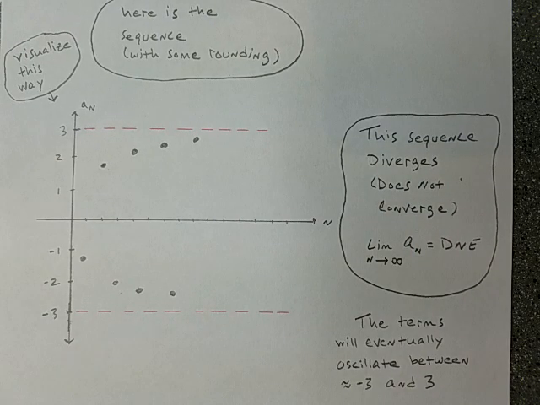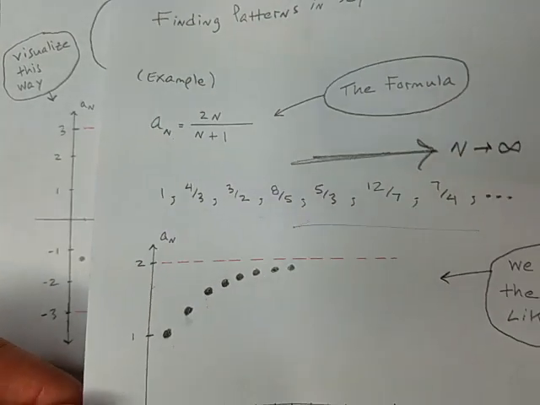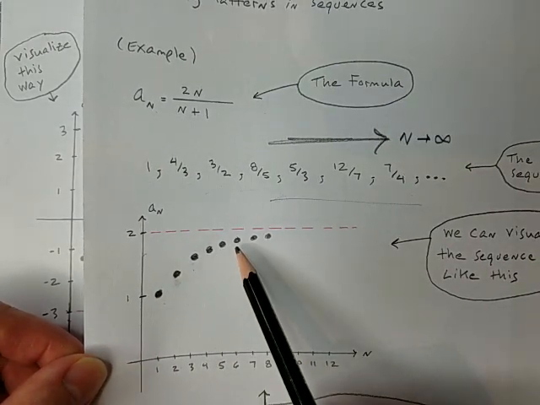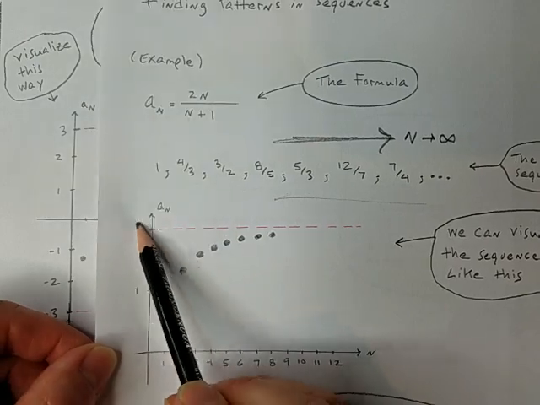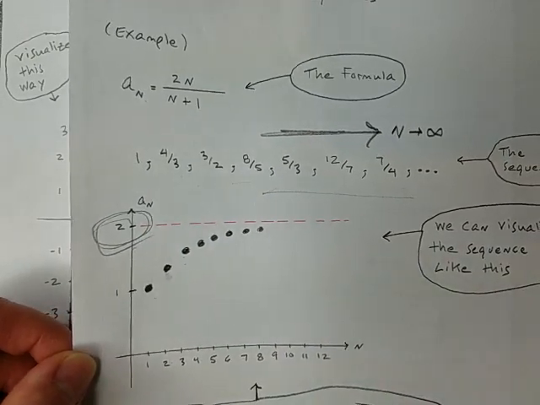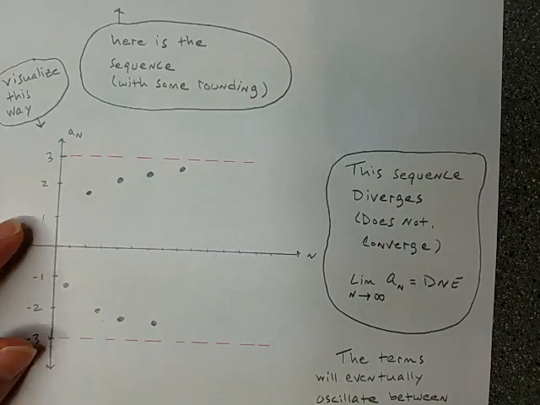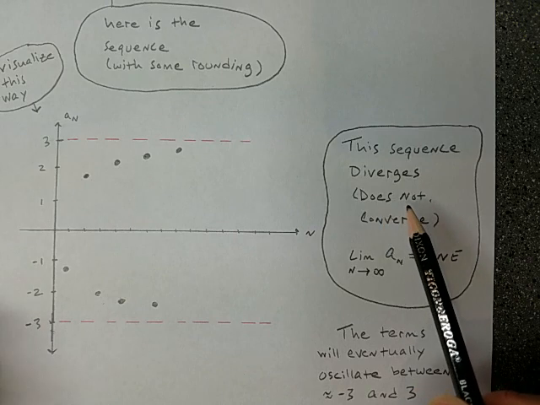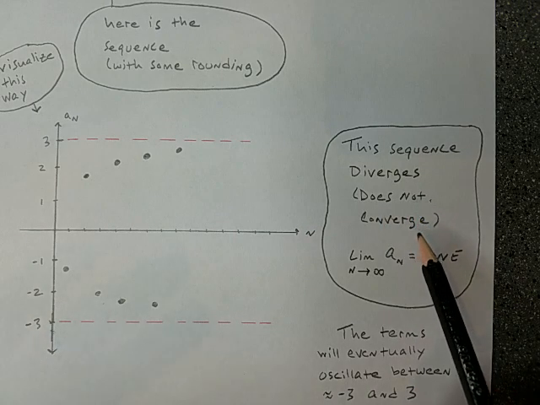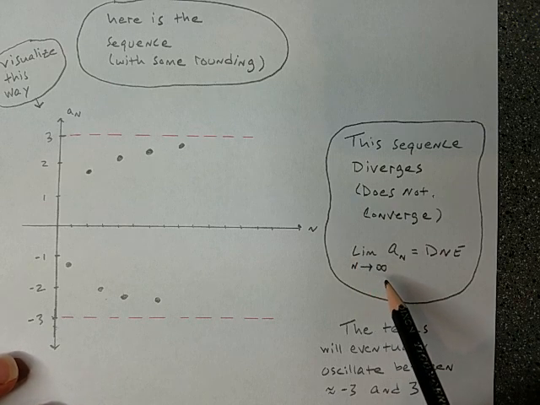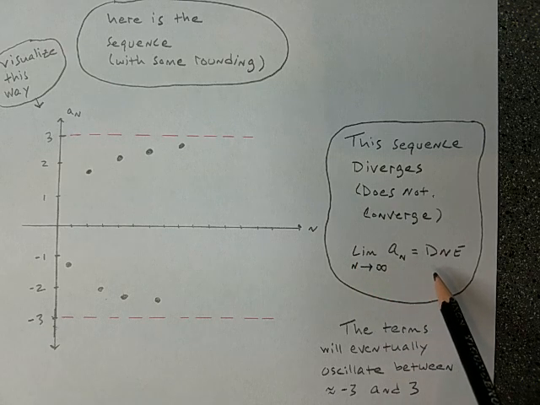If a sequence converges, it will look something like the first one. Every single term is closer to something than all the terms that came before it. That is not true with this one. So what we say about this sequence is that it diverges, and to say it diverges means it does not converge. We would also say the limit as n goes to infinity of a_n does not exist.